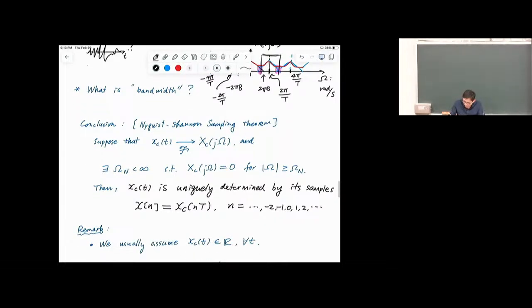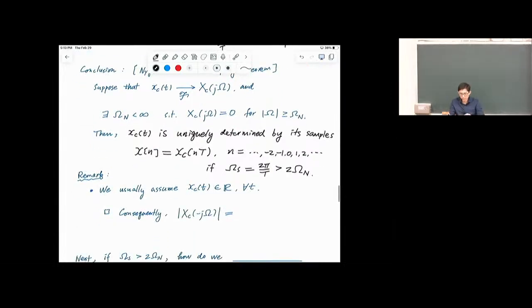But xc is uniquely determined by its samples if our sampling frequency, defined as 2 pi divided by T, is greater than 2 times this upper bound. That completes the description of a theorem.